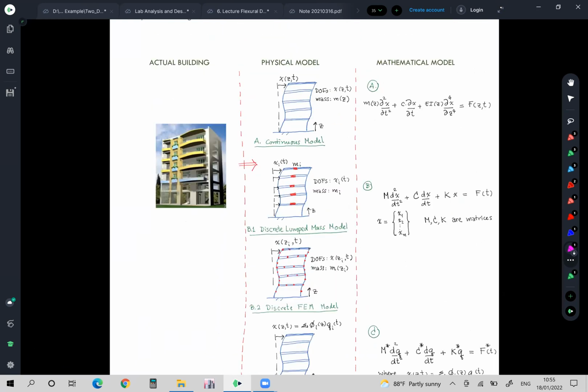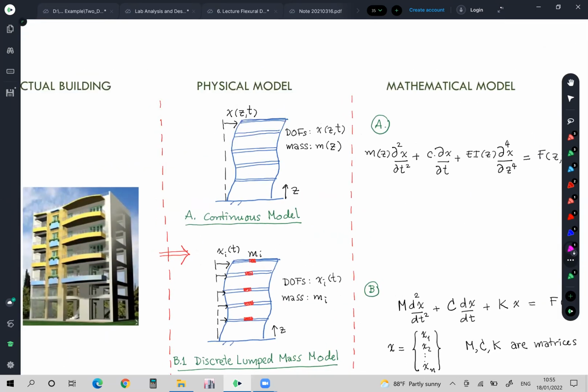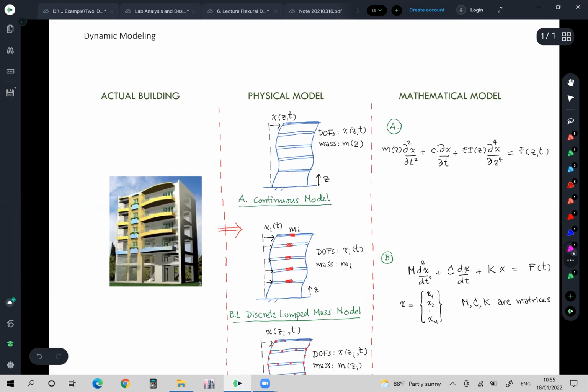If you use the coordinate model, you will end up with the equations of motion as in equation A. If you look at equation A, you will see that the governing equation of your building under force or under the earthquake is described by a second-order partial differential equation.